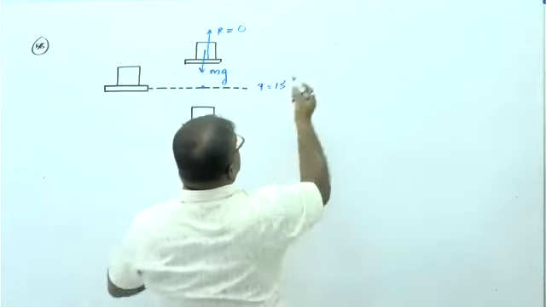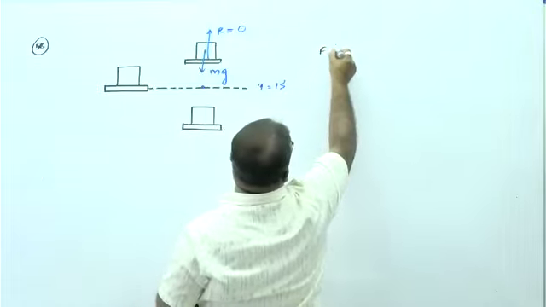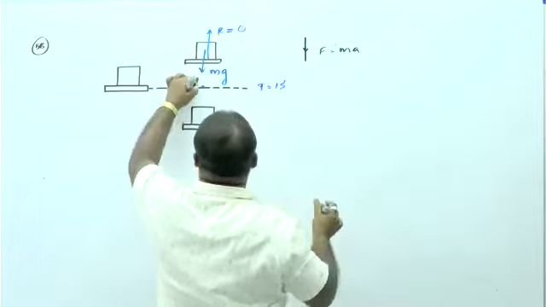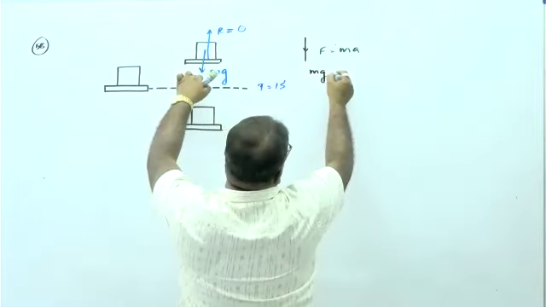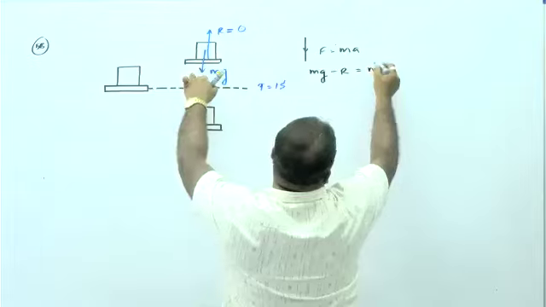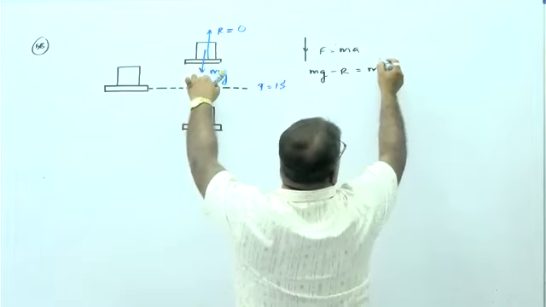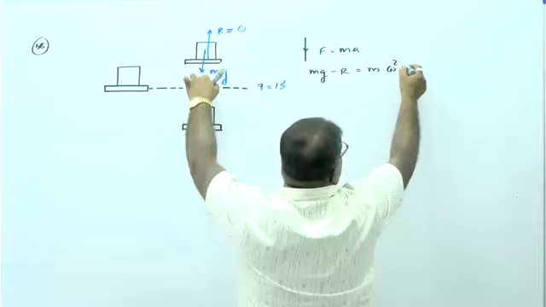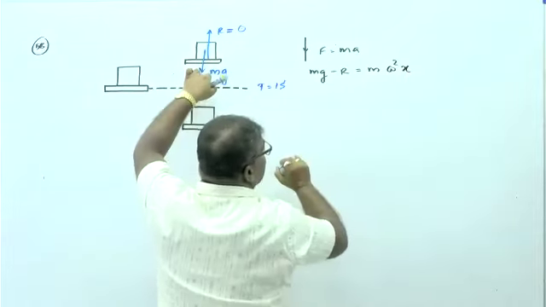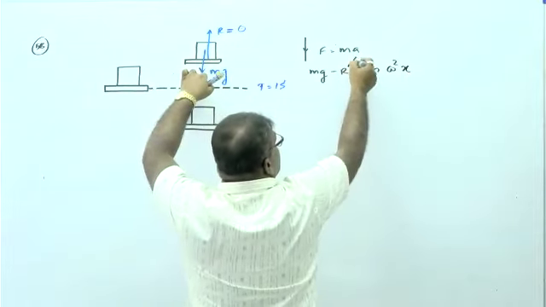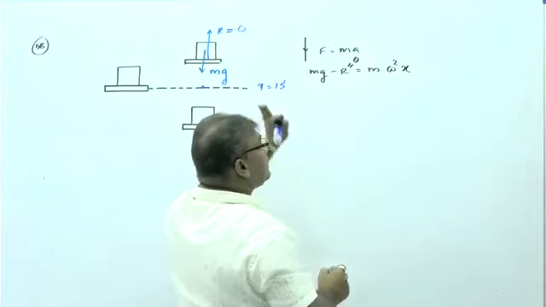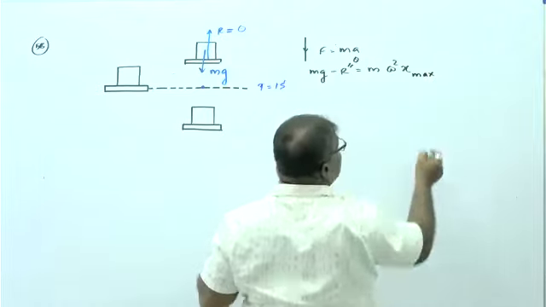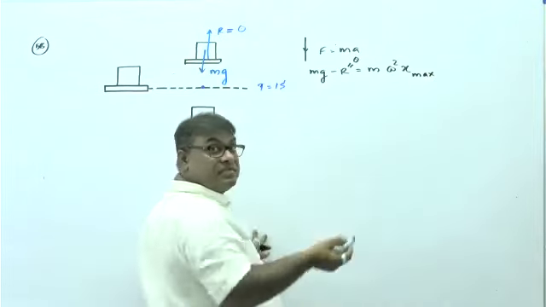Then apply F equal to ma towards the center of oscillation: mg minus R equals m a, equals m omega squared x, right? Then R becomes 0. That should be the maximum displacement, therefore this is A max. R should be 0, right?